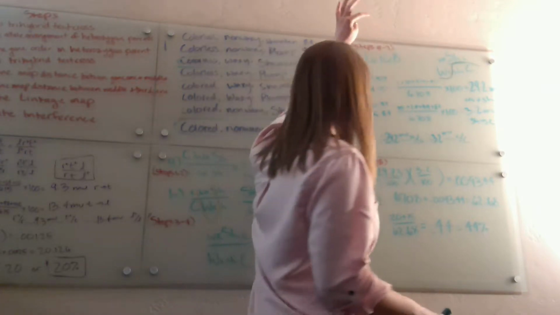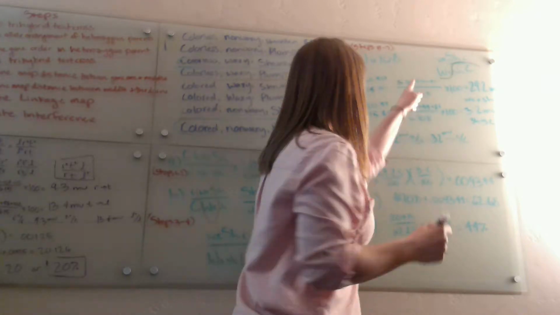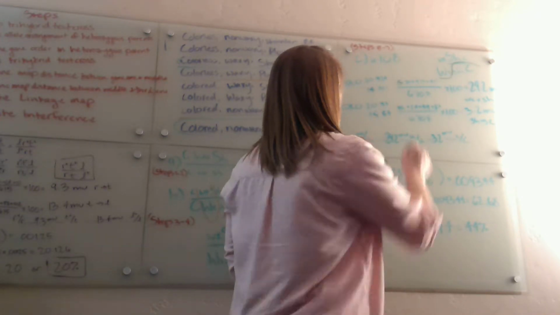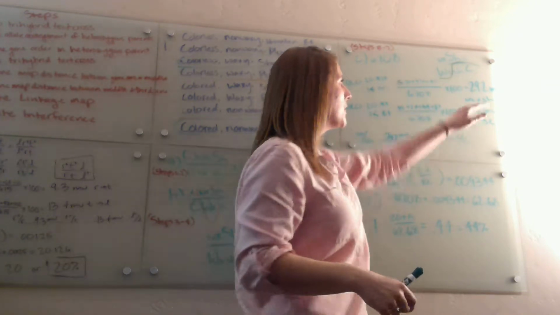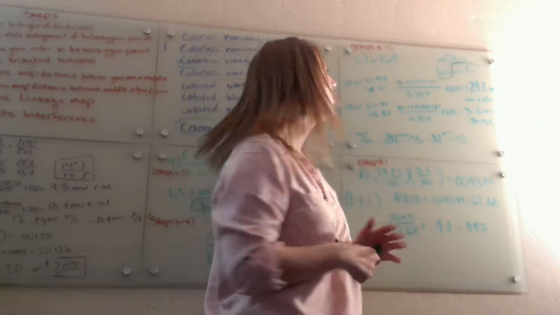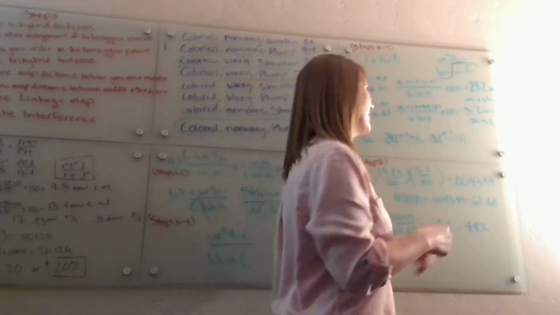So we've got 15 plus 20 plus 974 plus 951 all over 6,708. You times that by 100 and you get 29.2 MUs. That's the unit that we use. And so that's the distance between WX and SH.